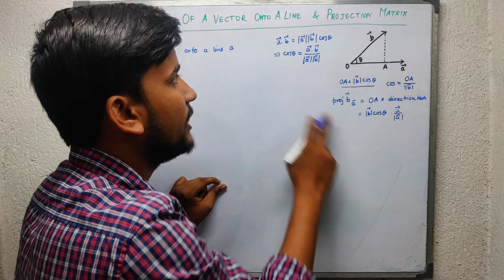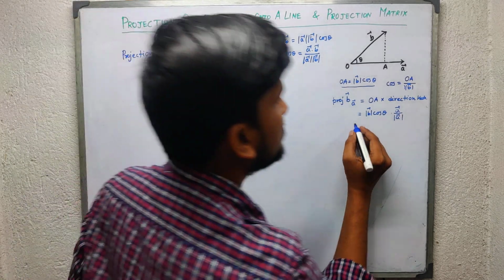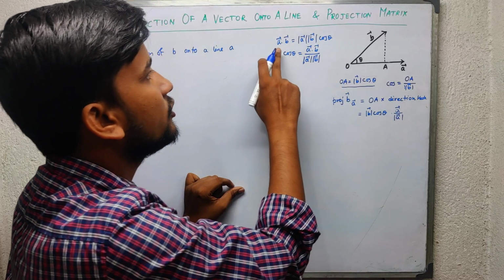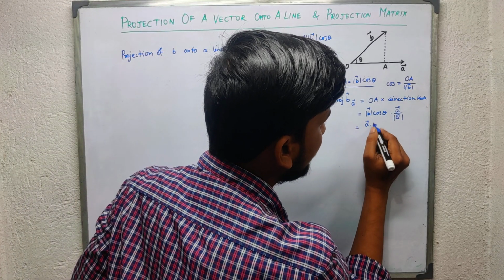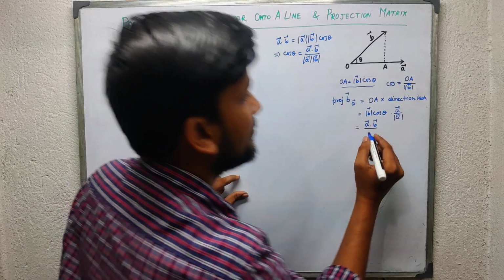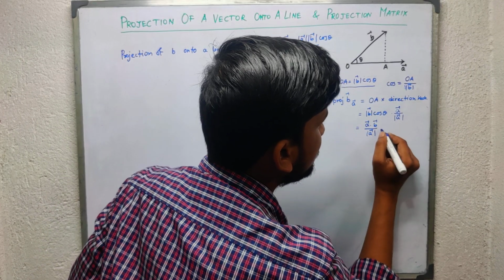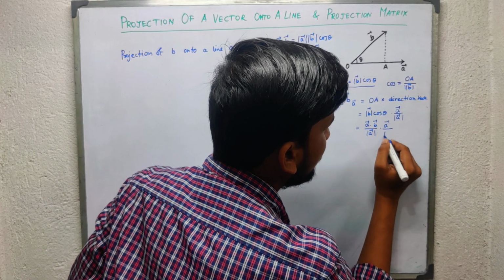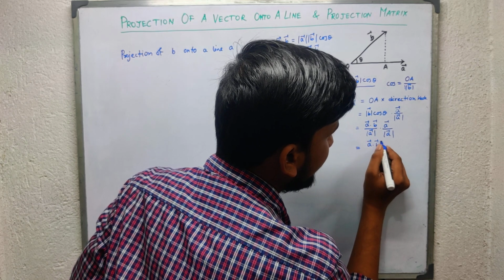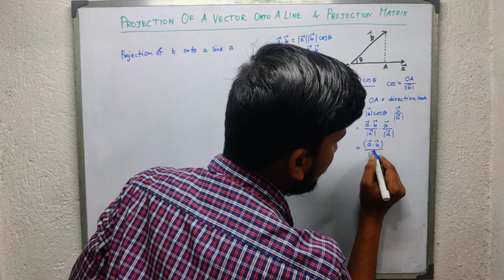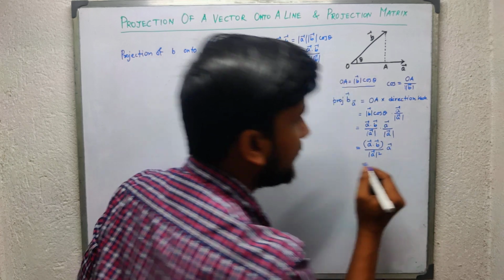So mod b cos theta equals a dot b by mod a. So we can write a dot b by mod of a into the direction vector a by mod of a. This is equal to a dot b by mod of a whole square into the a vector.